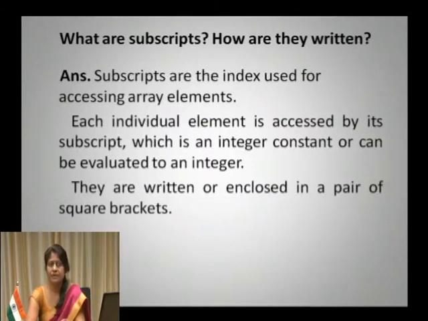Or if you have a variable expression, that is i plus 6, where i has already been defined with some value, that will be evaluated, and if it results in an integer value, that is the array element we are trying to access. Then they are written enclosed in a pair of square brackets, that is, your subscript is always enclosed within a square bracket.